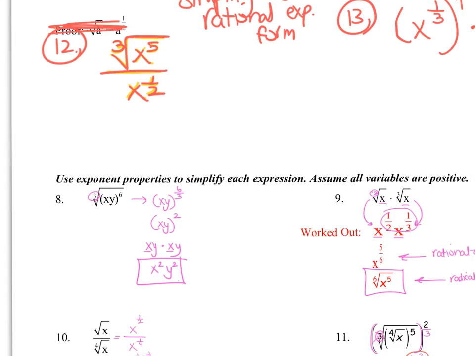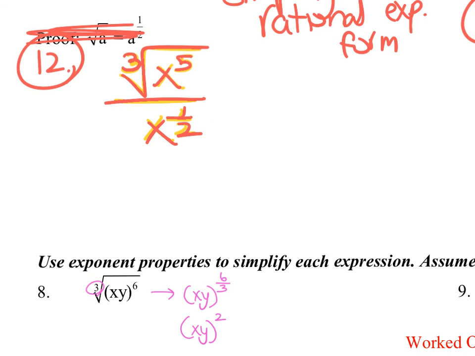So let's look at 12. First things first, we see we have like bases, that's great. We want to combine them, but to combine them, we have to get them in rational exponent form. So in the top, let's write that as x to the 5/3 all over x to the 1/2. Okay, and we know how to combine with division is by subtracting our exponents.